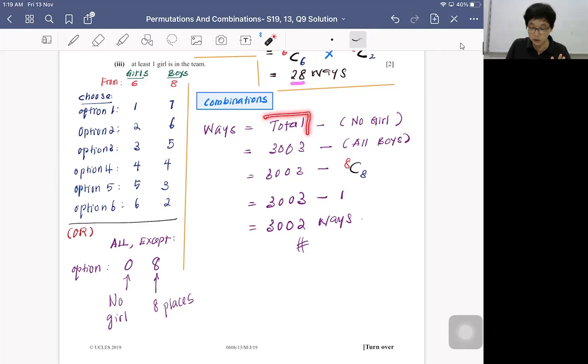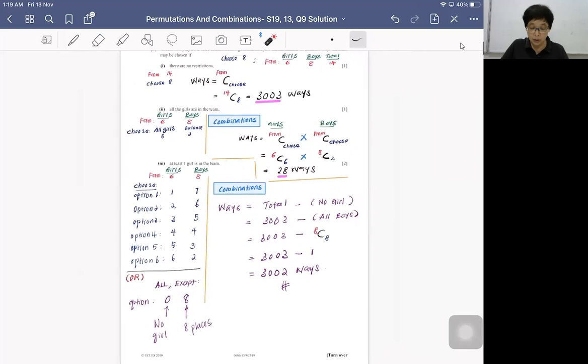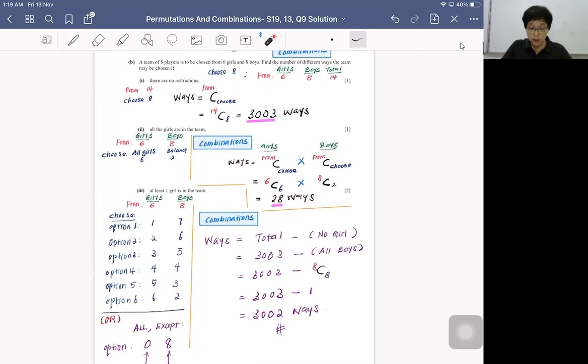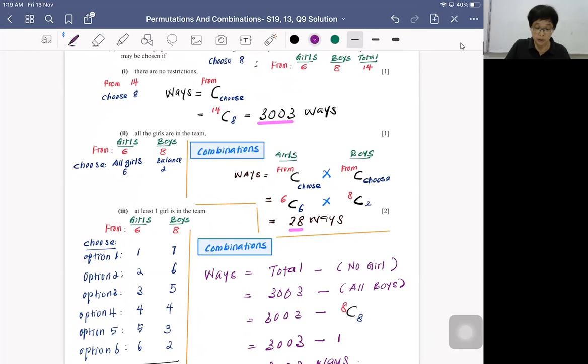We take the total minus out the combinations where no girl is selected. Okay, and what is the total we are talking about? All the way back up to section 1 when there's no restriction, this is the total.